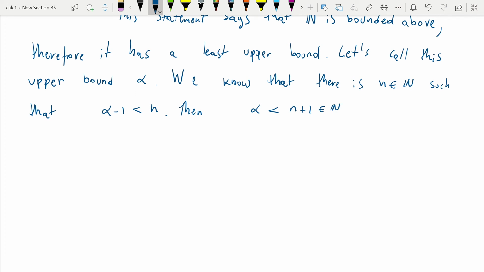And now you see the problem here is that then alpha is smaller than one element in N, and in fact it's smaller than infinitely many of them. It's smaller than n plus 2 and smaller than n plus 3.